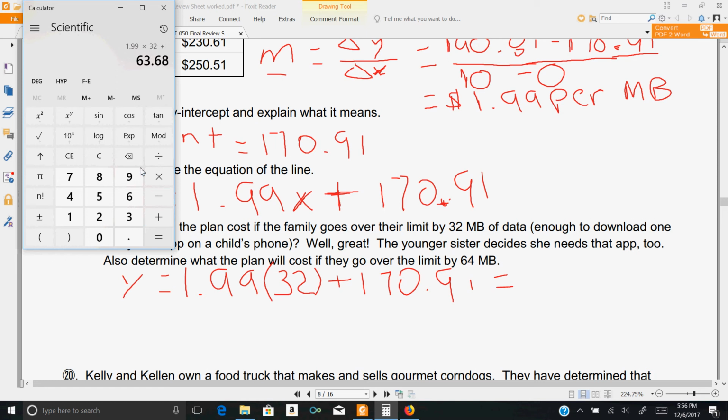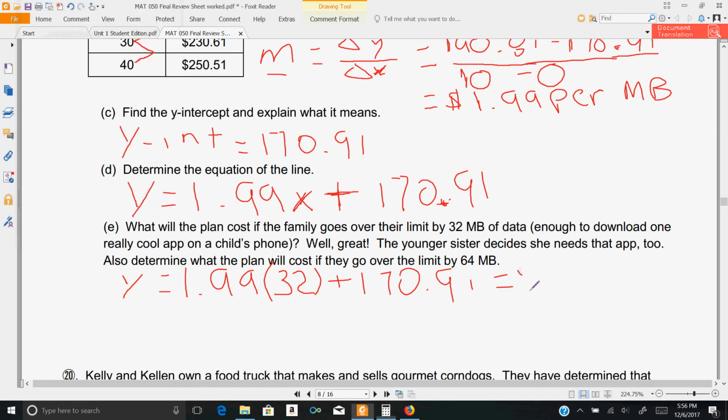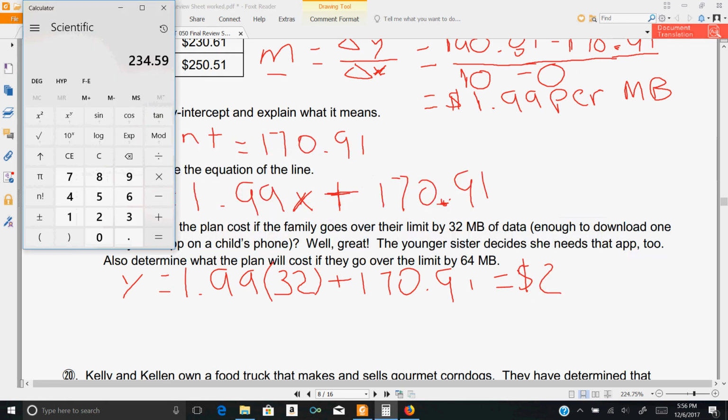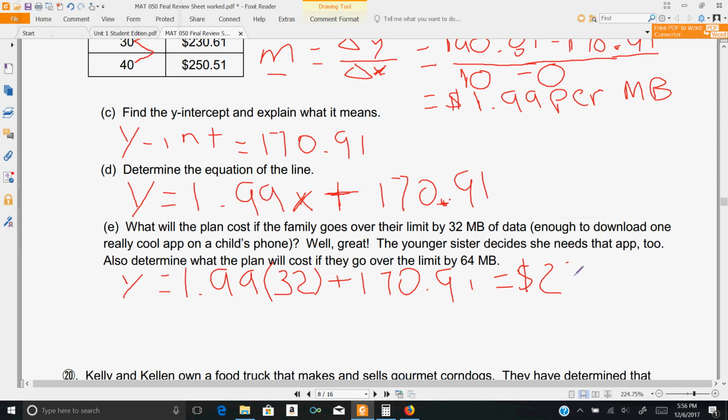My calculator goes from left to right and doesn't do a very good job of PEMDAS, but I want to multiply first, and I'm doing it that way anyway given how I've set up the equation. That's going to give me $234.59.